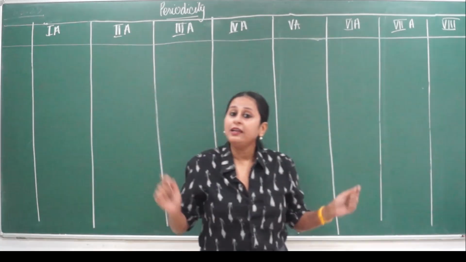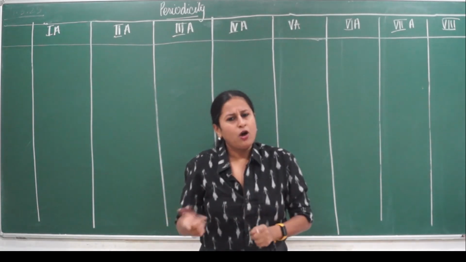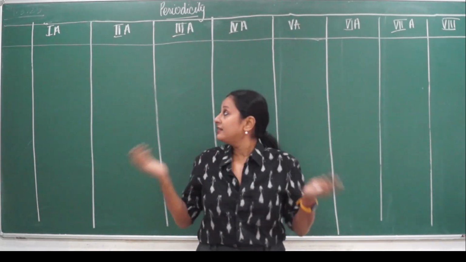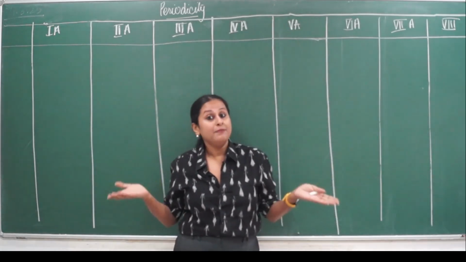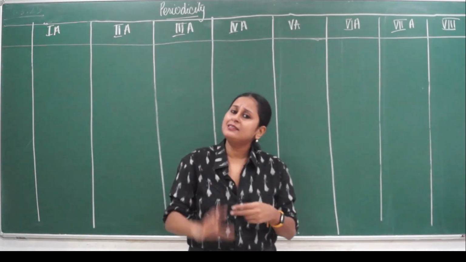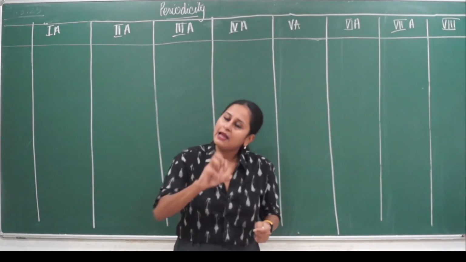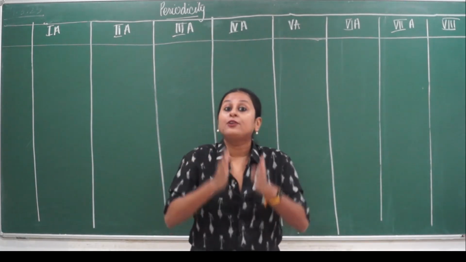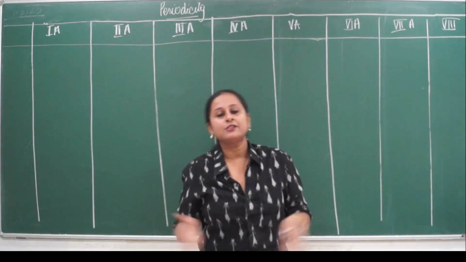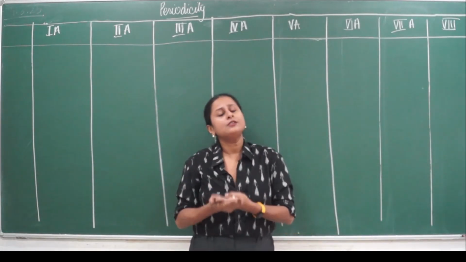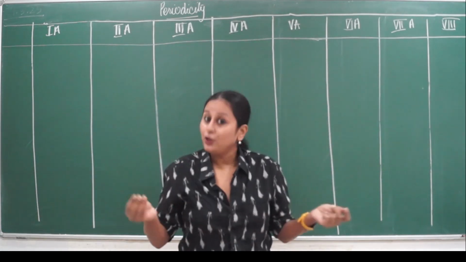What is periodicity? The repetition of some characteristics. Now in this case we are talking about periodicity of elements. So repetition of some characteristics of elements, not all, after a fixed interval is called periodicity.